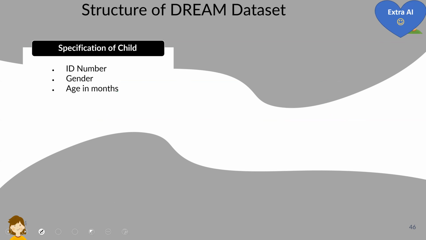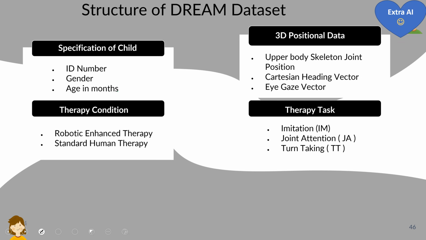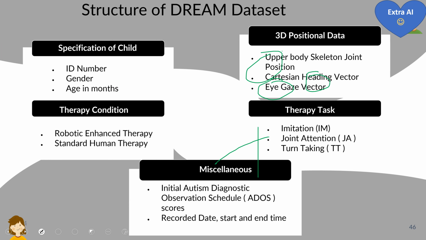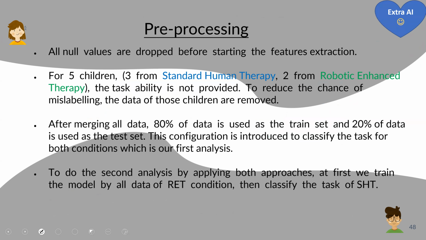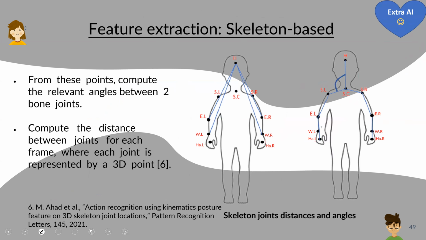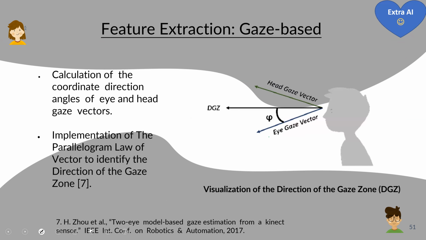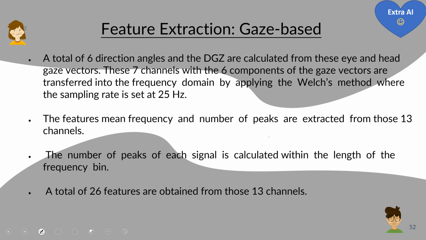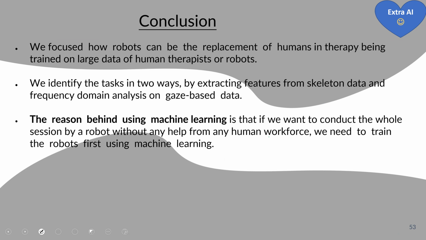In this case, you have eye gaze vectors, head movement, and upper body skeleton, body joint points based on 3 different activities, and to see how they do. So we can have different kinds of pre-processing and feature extraction to extract gaze, head movement, and others, and then go for machine learning applications to understand.